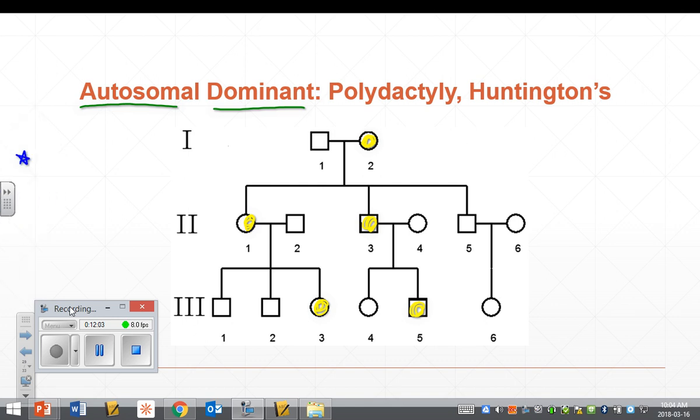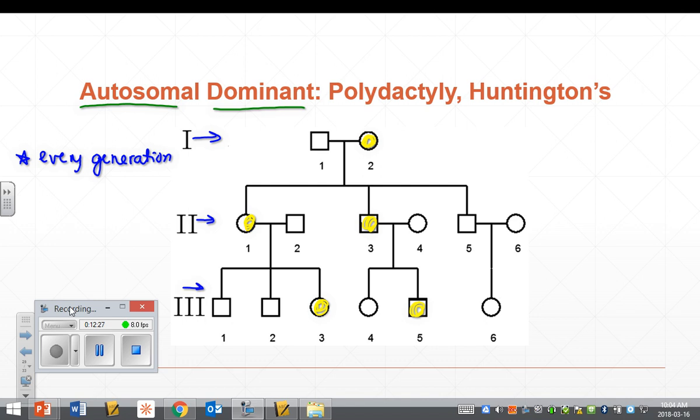So, because it's dominant, it should show up in every generation. That's not a different generation, that's a different grouping. Generations are the lines, the top line, the middle line, the bottom line. So like that's generation 1, that whole line is generation 2, and this whole line is generation 3.